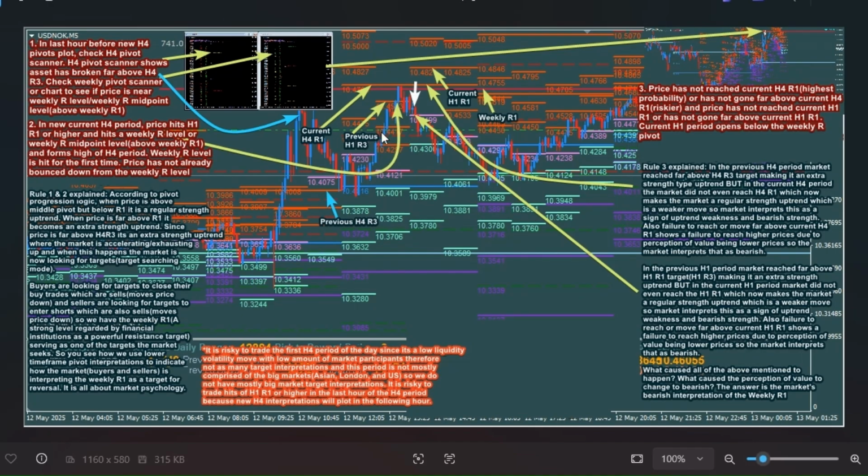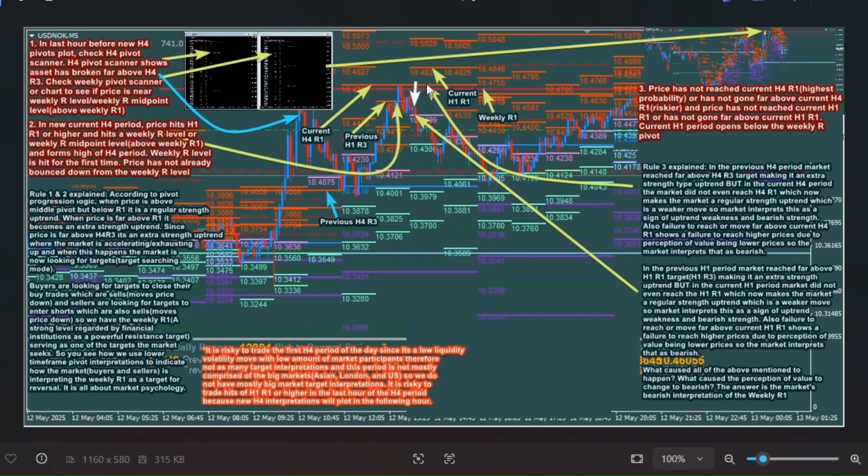So in this previous H1 period, the market breaks far above the H1R1 and actually breaks above the H1R3, which makes the market an extra strength uptrend. But in the current H1 period, the market fails to reach the current H1R1, which makes the market a regular strength uptrend.